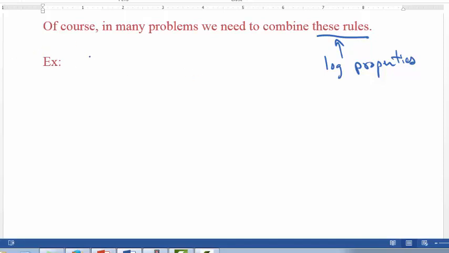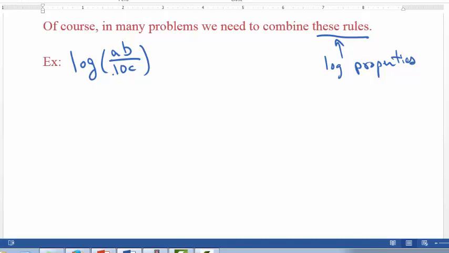In other words, you get something like this: log of AB over 10C. What do you have here? You have a product in the numerator and a product in the denominator. So really, it's like a product and a quotient.